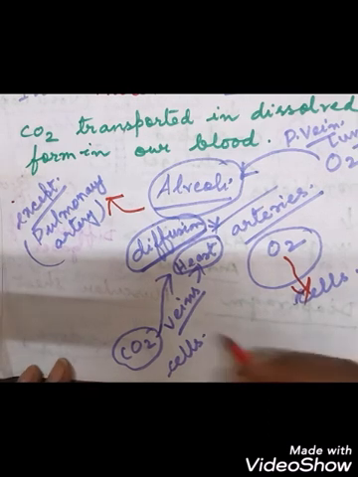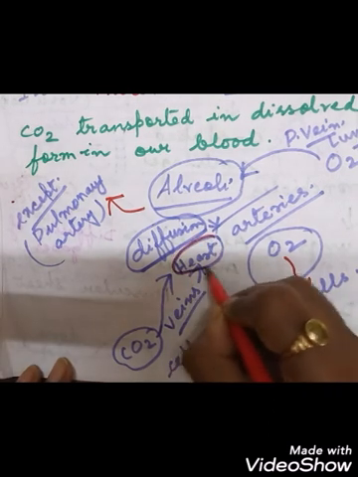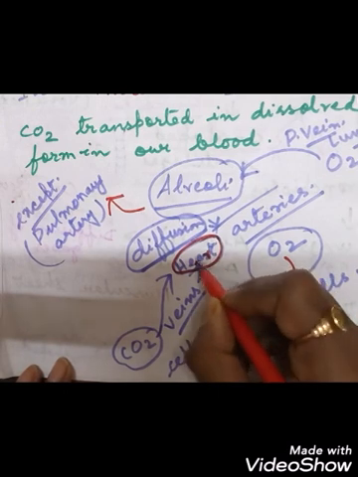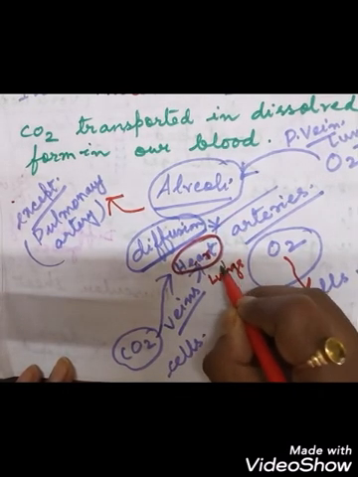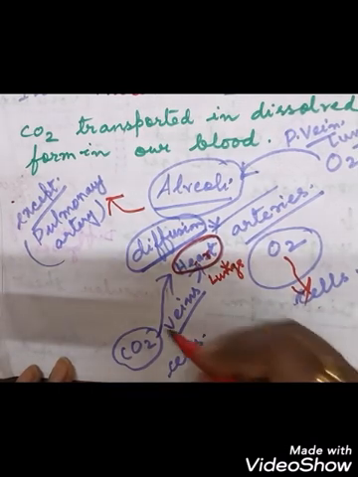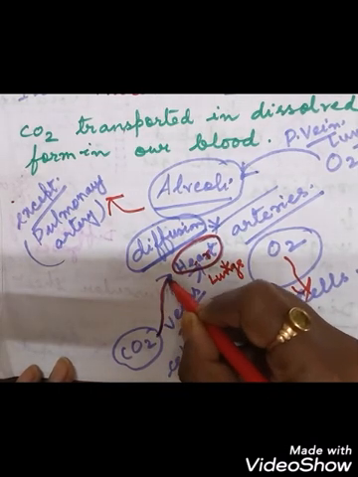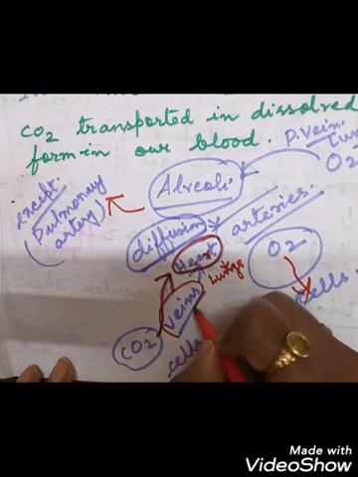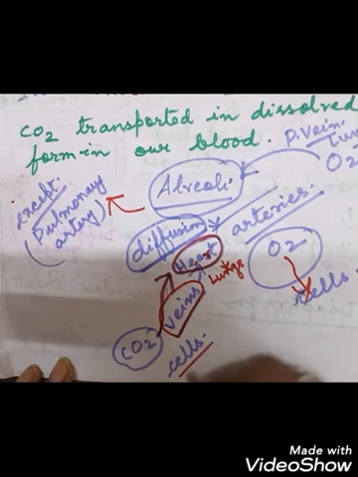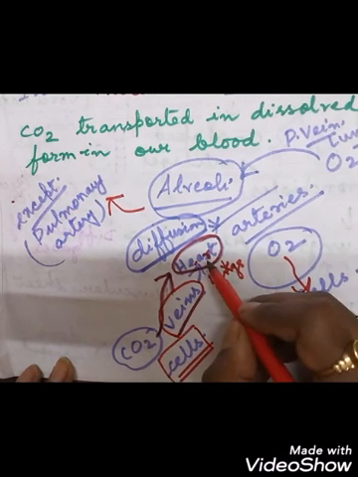So from where it will go, again the heart will help to pump it out towards the lungs for purification. So carbon dioxide filled blood is carried to the heart by different veins from the cells to the heart.